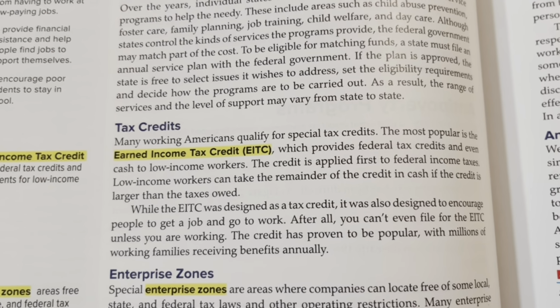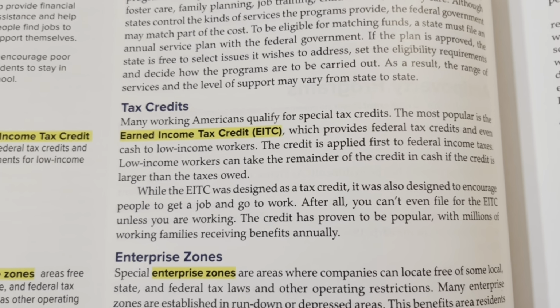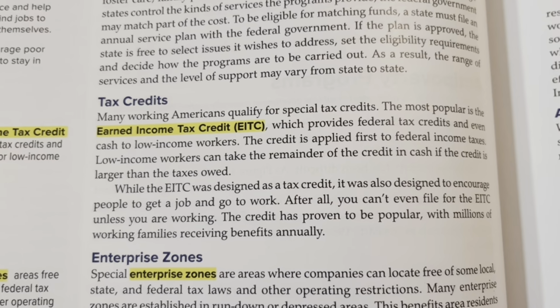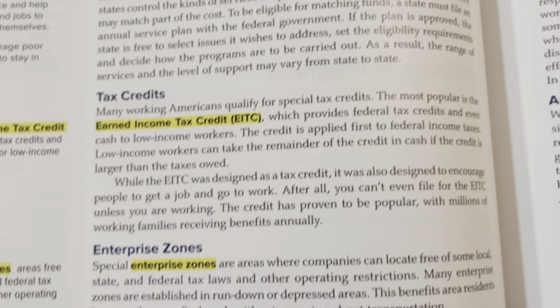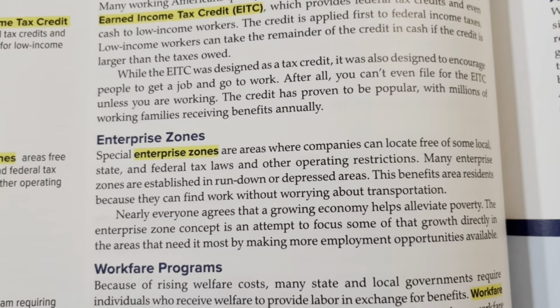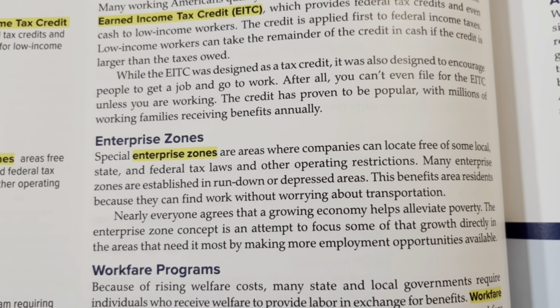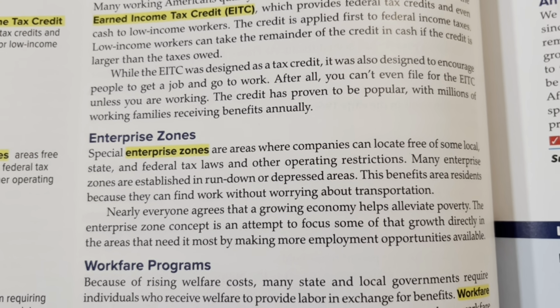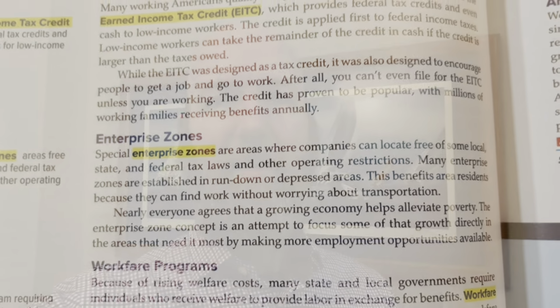But the Earned Income Tax Credit, on the other hand, is far more targeted toward low-income families. Something else they can do is what's called an enterprise zone, trying to encourage companies to move into areas that need economic assistance.